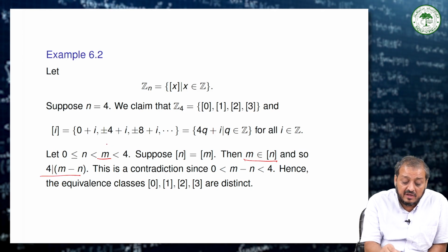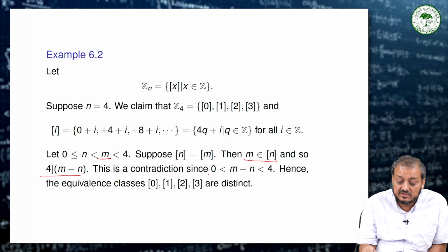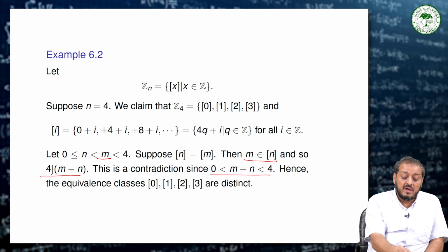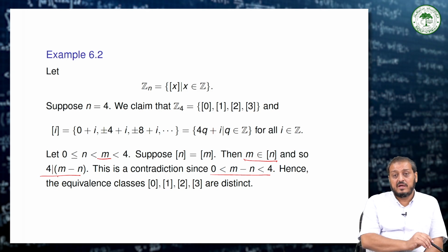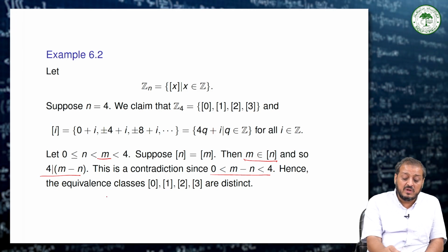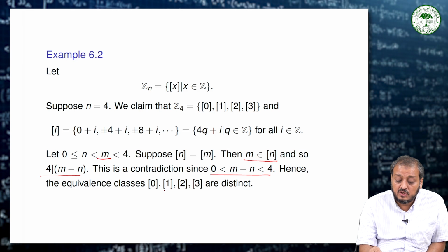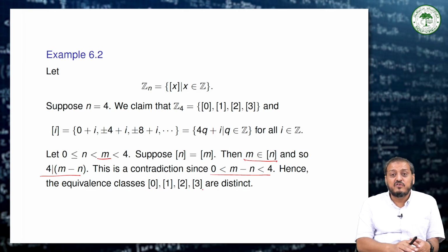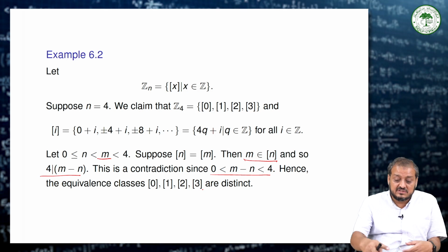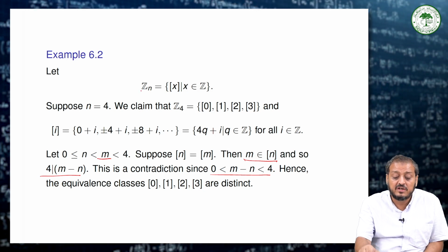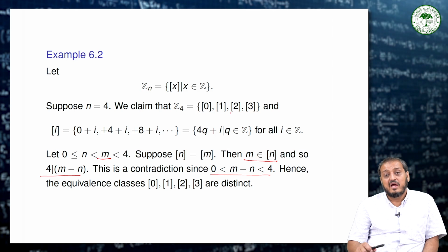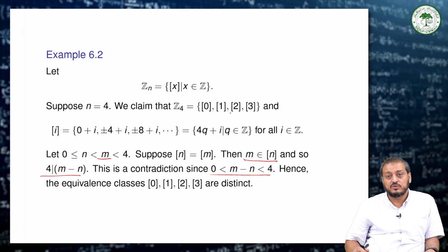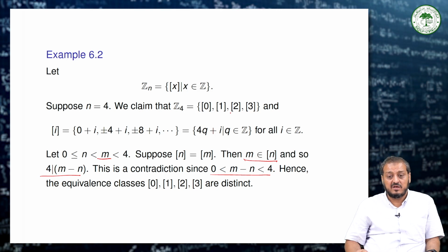This is a contradiction, since m minus n is less than 4, so 4 cannot divide m minus n. Hence the equivalence classes of 0, 1, 2 and 3 are all distinct.